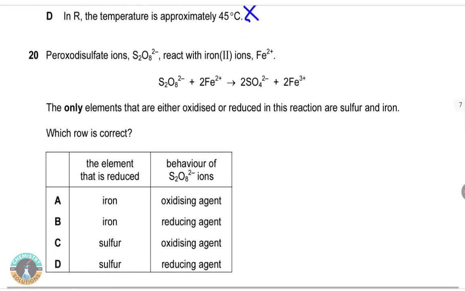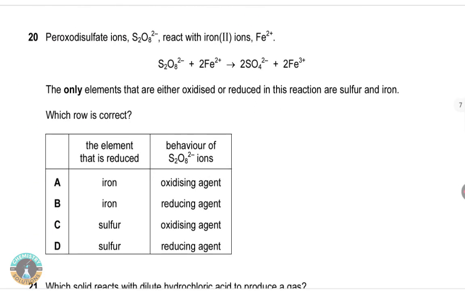So the next question is: peroxodisulfate ions react with iron 2 ions. The only elements that are either oxidized or reduced in this reaction are sulfur and iron. Which row is correct?